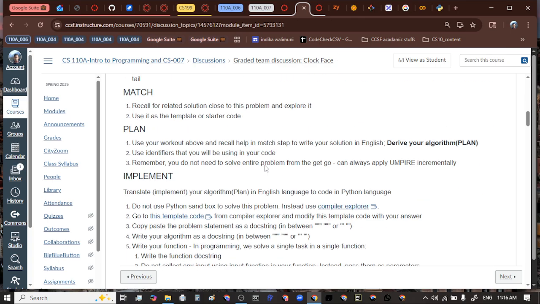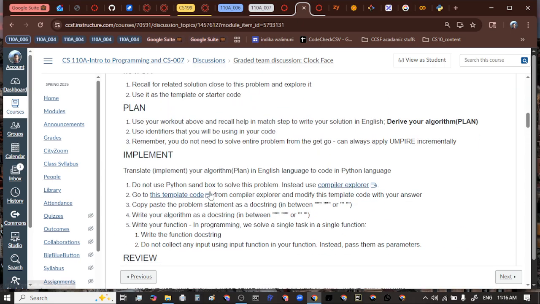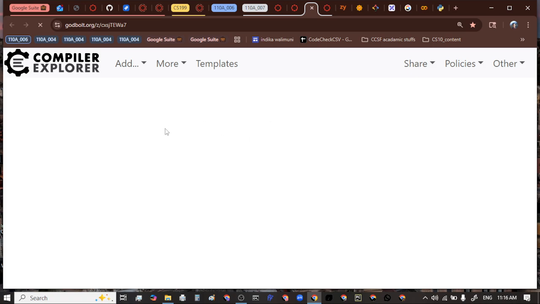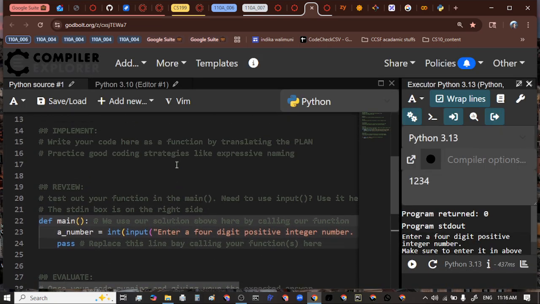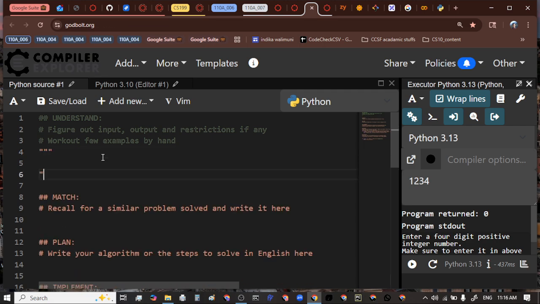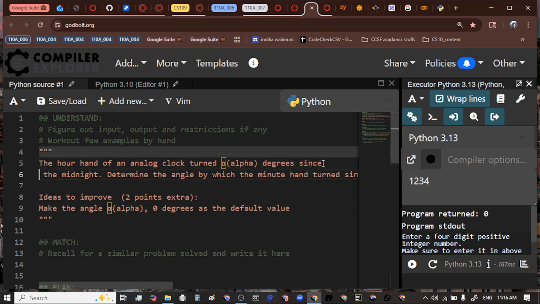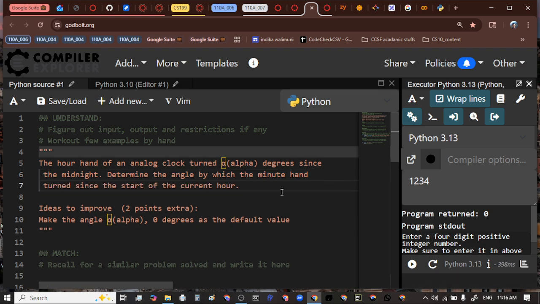So let me start this. All right. So this is a kind of a brain teaser, but it involves some thinking and some math.